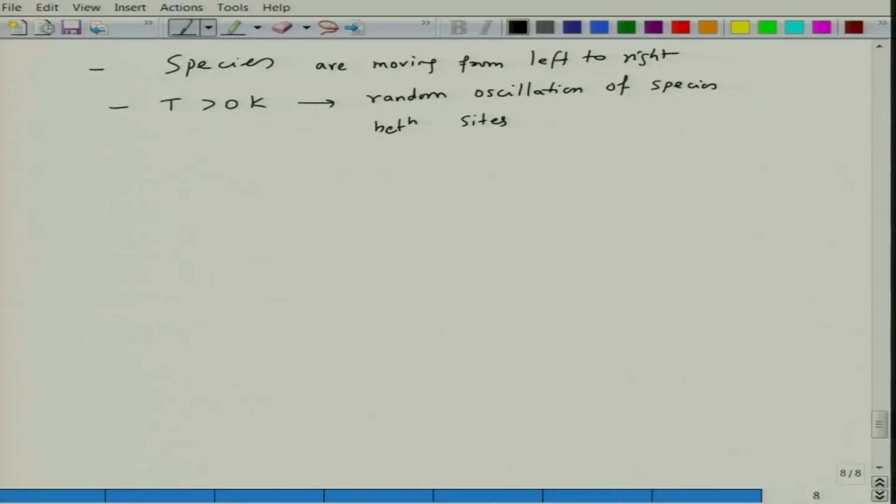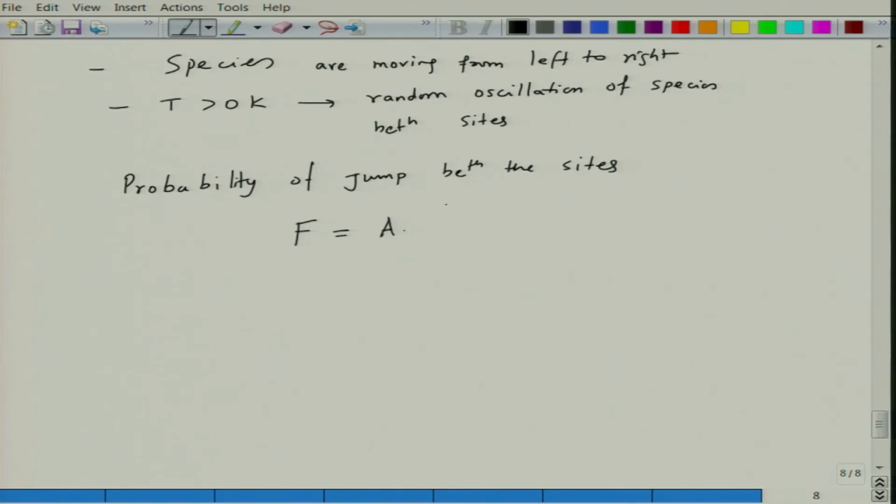So, now let us calculate the probability of a jump between the sites. When we look at the probability of a jump between the sites, let us define this as f. We could have written it as p, but p is something that we have defined for polarization, so let us not confuse.